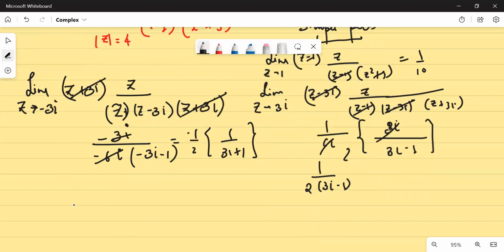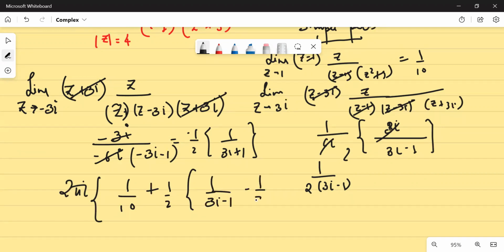The sum of all these residues into 2 pi i will be the value of the integration. The sum of all these residues will be 1 by 10, 1 by 2 taking common, 1 upon (3i minus 1) minus 1 upon (3i plus 1).